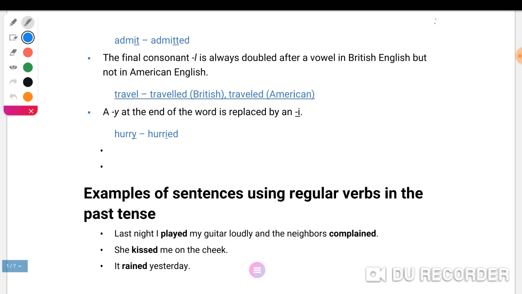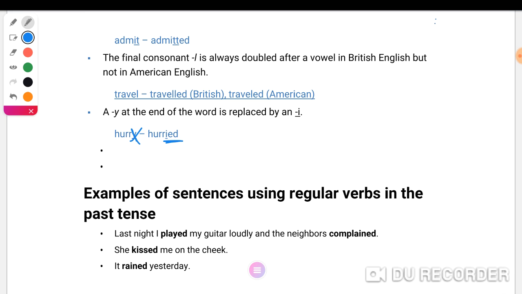If there is a y ending my verb, at the end of my verb, in such a case, I will cross the y and put ied, but if there is no vowel before the y. But if there is a vowel, I can't cross the y.